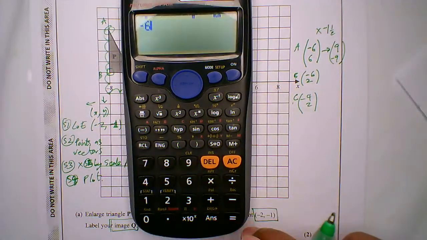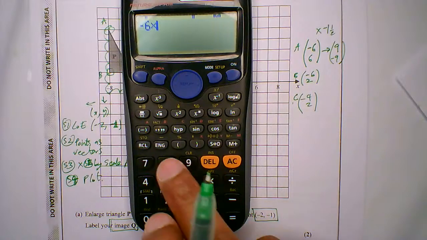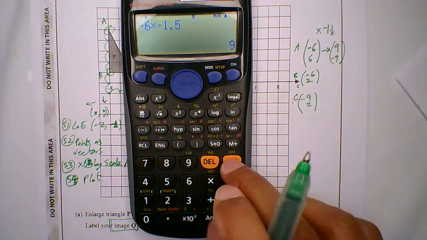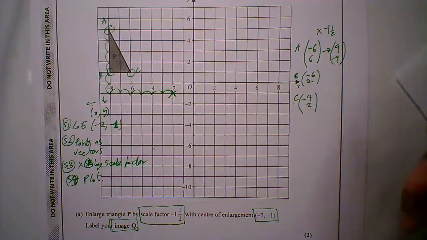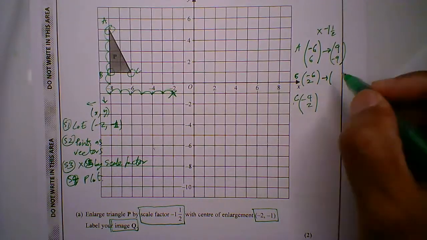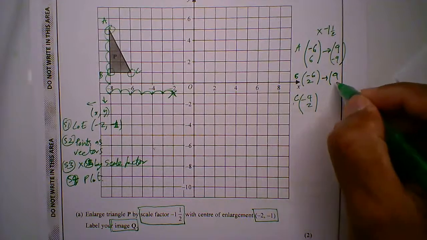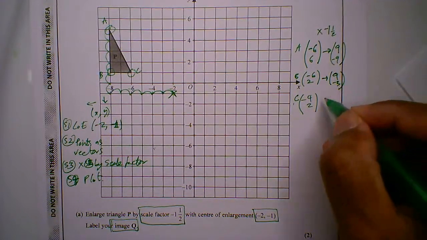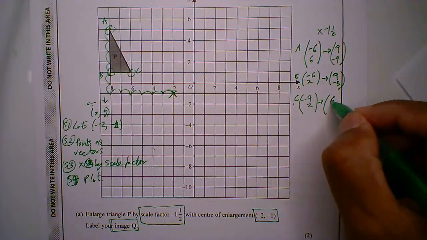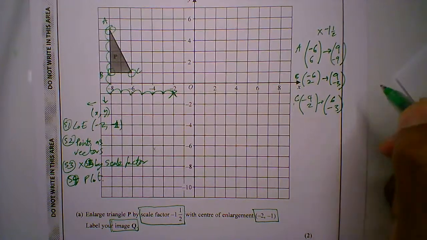If you're tired mentally, especially towards the end of an exam paper, get your calculator out and use it. The next one, negative becomes positive, so that's 9 again. That becomes -3. The next one, negative becomes positive, so that's 6 and -3.